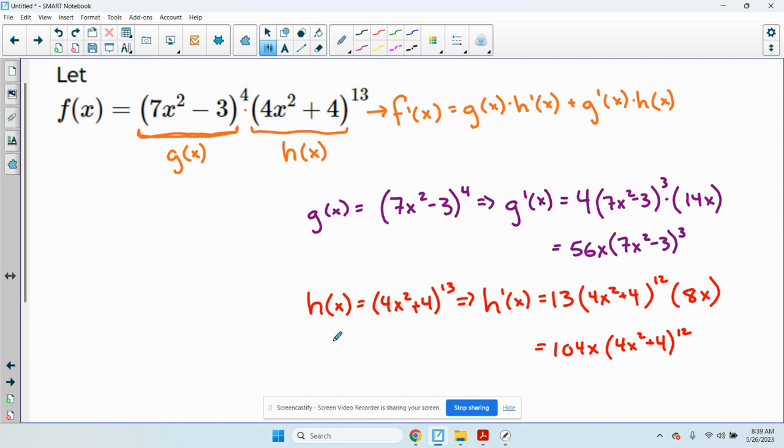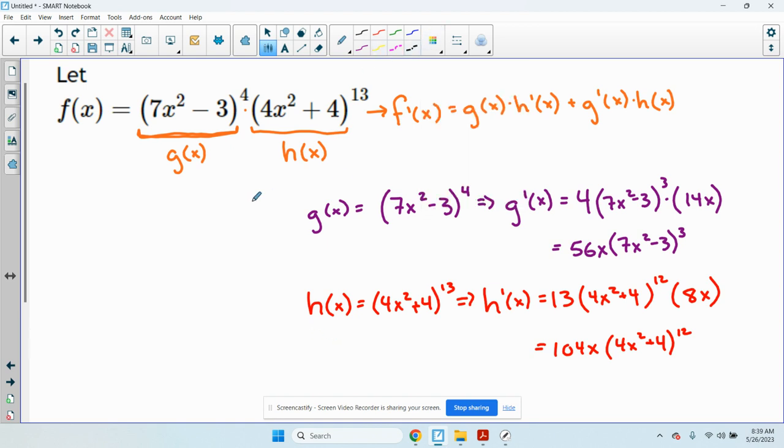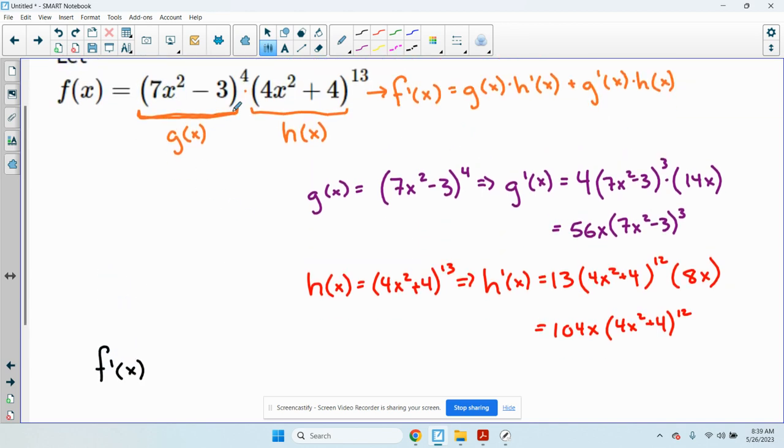Now we're going to write this whole thing out, and it's going to look like we did a lot more than we actually did. It's going to look, I think, pretty cool. So we have f prime equals first. So I'm just going to write g of x, right? I'm just following this formula here. g of x is 7x squared minus 3 to the fourth power.